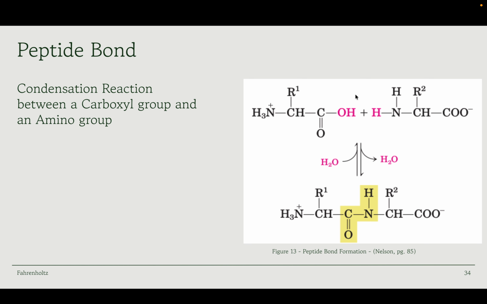We lose the OH from the carboxylic acid, and then one of the hydrogens off of the amino group. So then we end up with that water. If water were to come in between these things again, we could have a hydration reaction that could occur and split this back into its original two individual amino acids. So this is a reversible reaction.